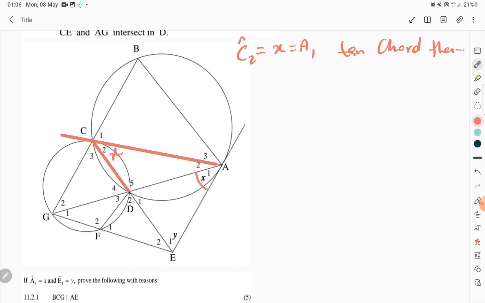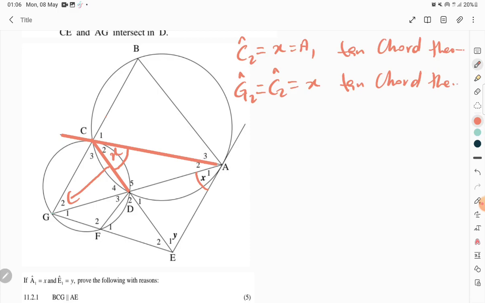So this is the angle between the tangent and the chord. It is going to be equal to the angle subtended by the same chord at the circumference of the small circle. So you'll find that G2 is equal to C2. They are both equal to x. The reason is the same.